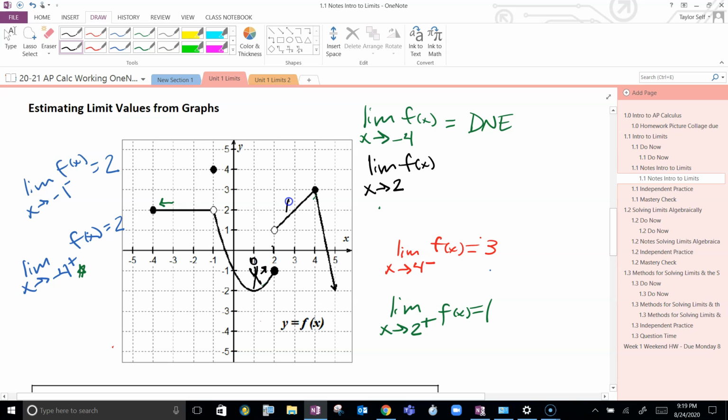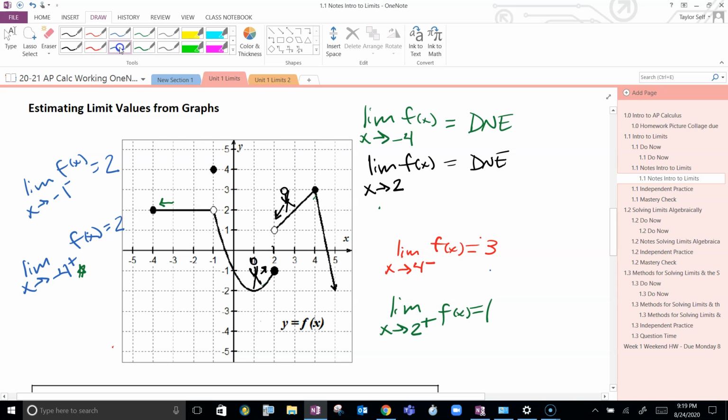The line's up here on the right-hand side of 2, and go towards 2. Am I meeting in the middle? Am I coming towards the same height at x equals 2? From the right, I'm coming to the height of 1. From the left, I'm coming to the height of -1. If these do not match from both directions, the general limit, just like the limit as x approaches 2, does not exist.